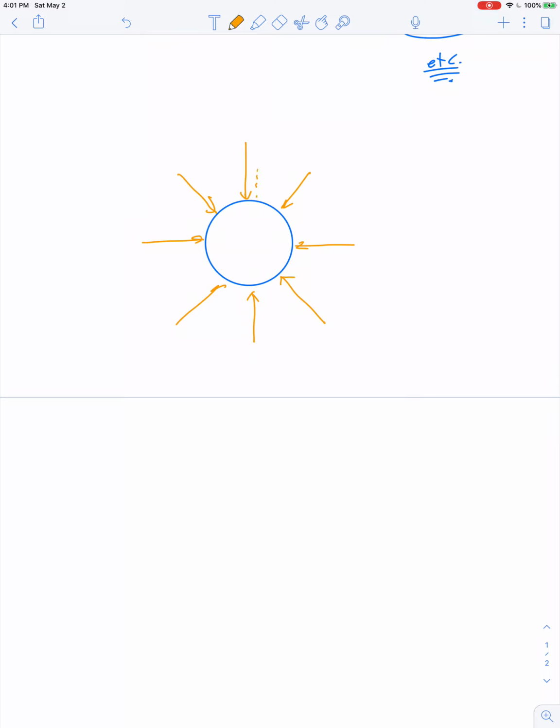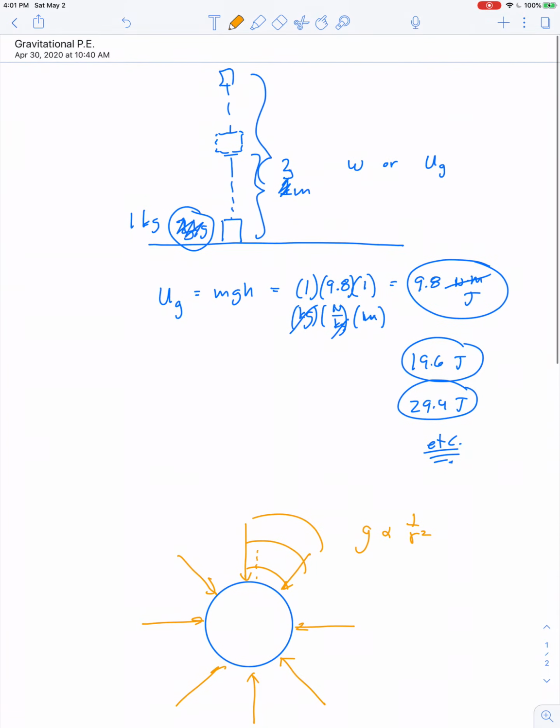But the higher up we go, the farther apart the field lines start to become, and the gravitational field drops off, and as we know, it follows an inverse squared proportionality. We need another equation to represent gravitational potential energy. Obviously, mgh isn't going to work because g isn't constant.